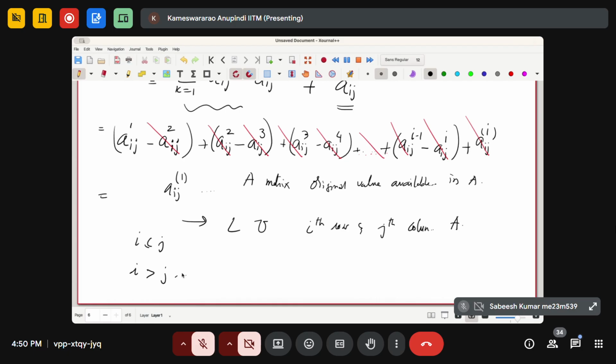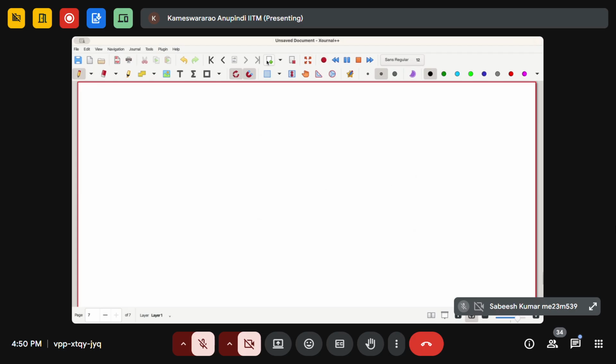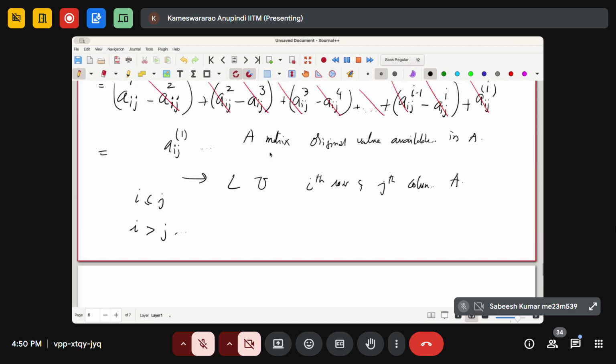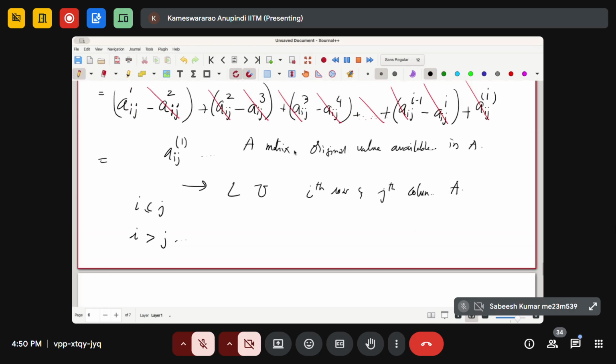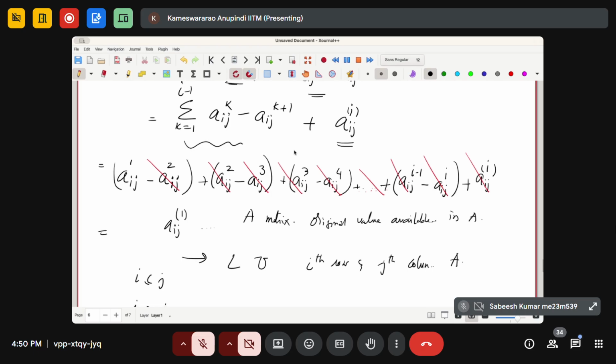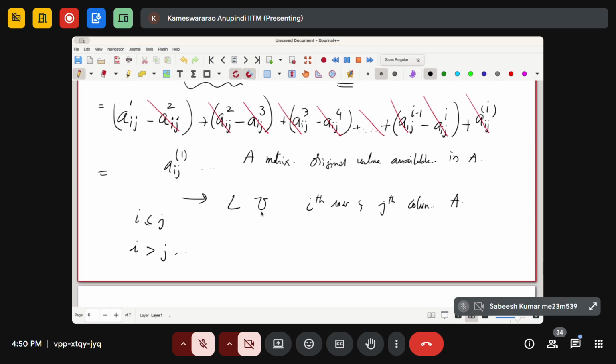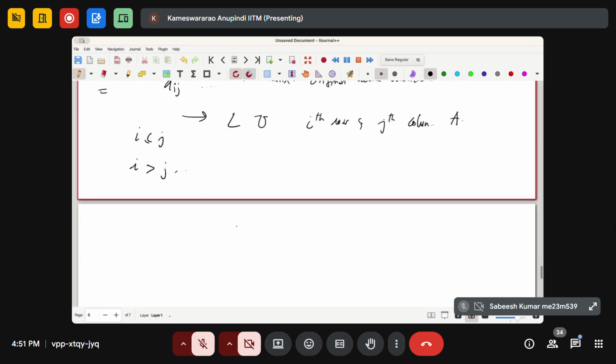As a result, you can do this for the second condition also. What we have proved is that arranging all the multipliers in a lower triangular matrix and working with the U matrix, we get back the matrix A. I'm not going to do the i greater than j condition. You can do it yourself. Otherwise, if we find time, we can do it in the next class.